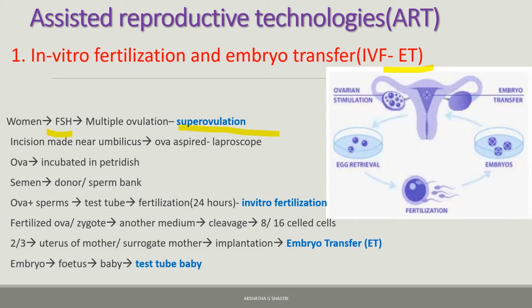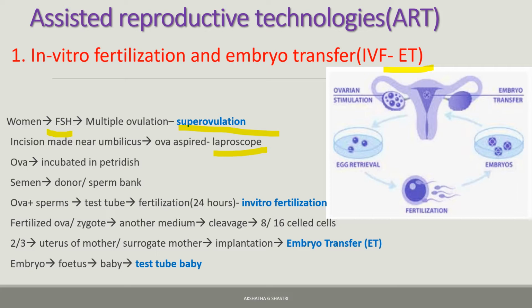Next, a small incision is made near the umbilicus region, and the ova are aspirated with the help of an instrument called a laparoscope, and this method is known as laparoscopy. The collected ova are incubated in a petri dish for a few days in a suitable medium. Meanwhile, semen is collected from the donor or from the sperm bank and kept in a suitable medium.